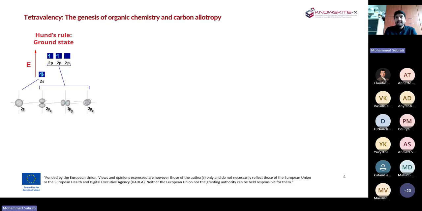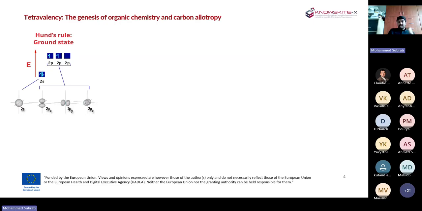So the answer is that carbon atoms, when they are in the vicinity of other carbon atoms or any other atoms, tend to promote themselves to an excited electronic configuration, so that the 2s orbital and the 2p orbitals align at the same energy level.